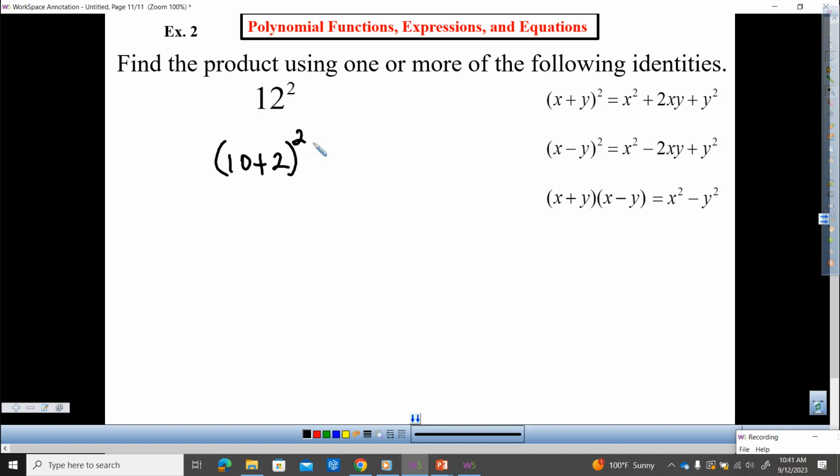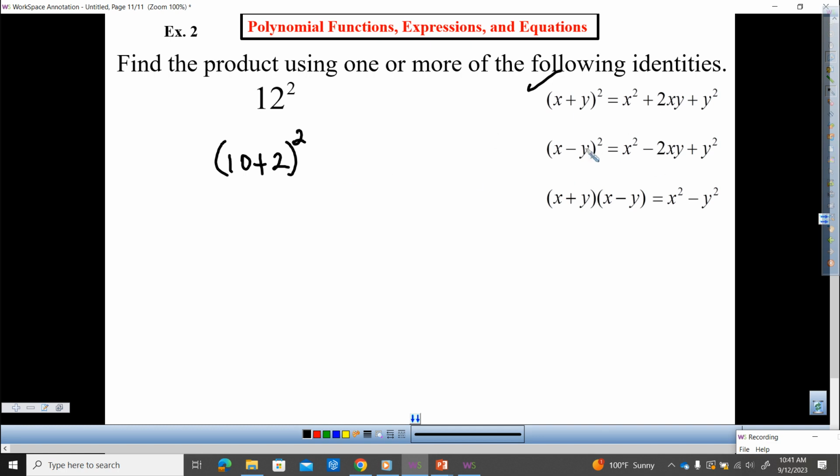Yes, we can write the 2 parentheses, multiply, but it's a lot of work. So we're going to use our cheat code over here. Question, which of these looks like that? The first, second, or third? The first one. So that means we're going to use this pattern to find the answer.